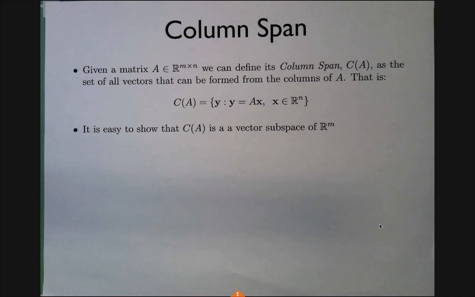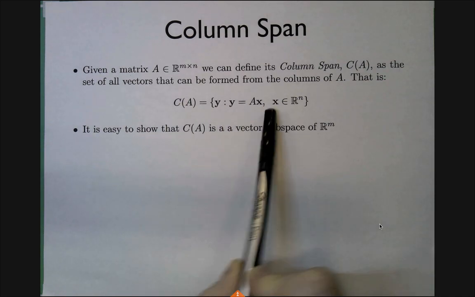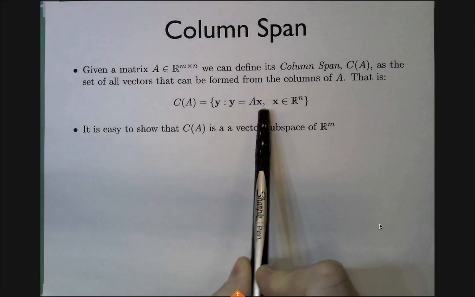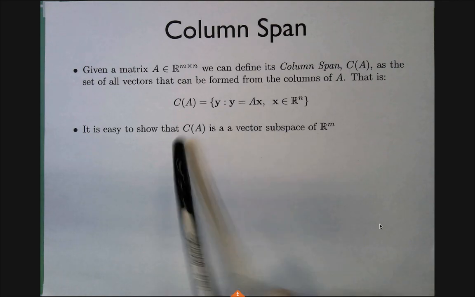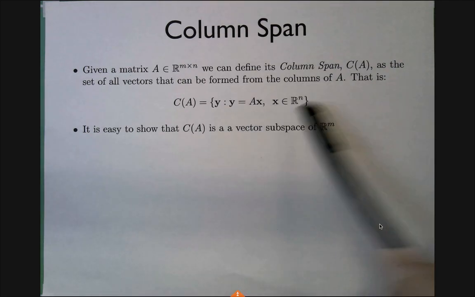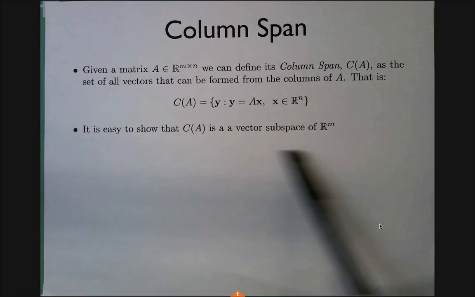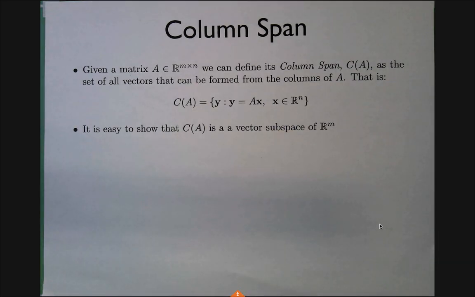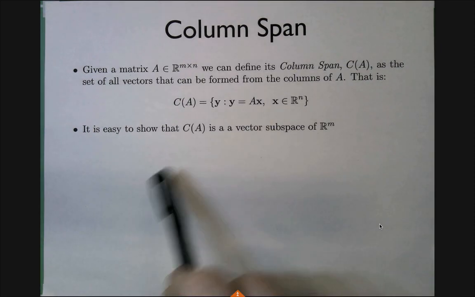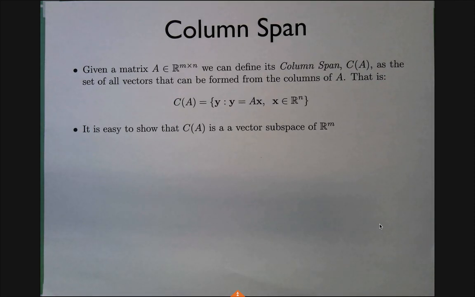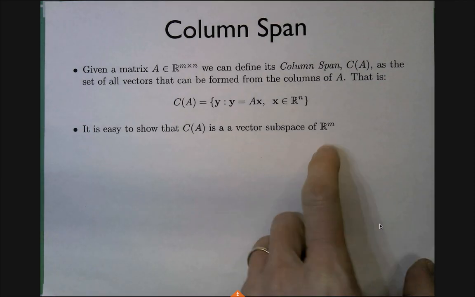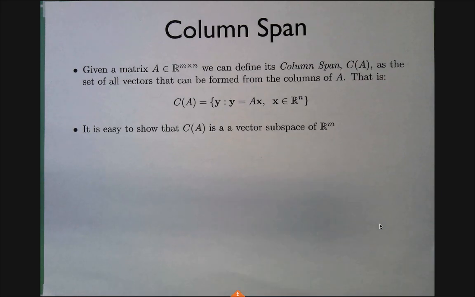Because if I have one vector y1, which looks like this, and another vector y2 that has some other x2 here, if I add them together, I can just add x1 and x2 together, so certainly they will also be in the column span. The same way, if I multiply it by a scalar, I can as well multiply the x by a scalar, because multiplication by A is a linear transformation. So clearly C(A) is a vector subspace of R^m.